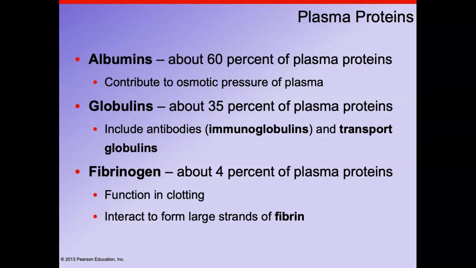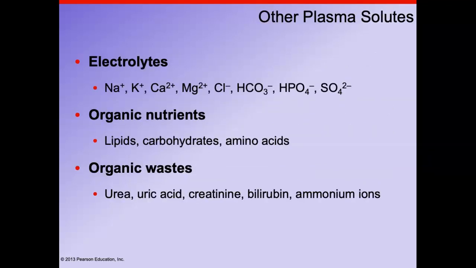Fibrinogen is what travels around in the blood, and then when you have a broken blood vessel, it converts to threads of fibrin, and those fibrin threads will trap platelets to form a blood clot. So what were those 3 types of plasma proteins? Fibrinogen, globulin, and what was the osmotic pressure one? Albumin.